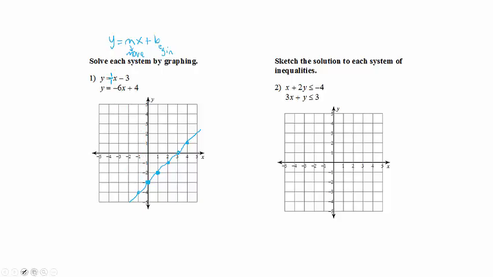The next line that we have, -6x plus 4, starts at 4 on the y-axis, and then our slope is going to be -6 over 1, so down 6, right 1. And usually, unless your teacher is really trying to trick you, you should be able to find a place that they intersect nicely, if you're drawing by hand at least, instead of using the calculator.